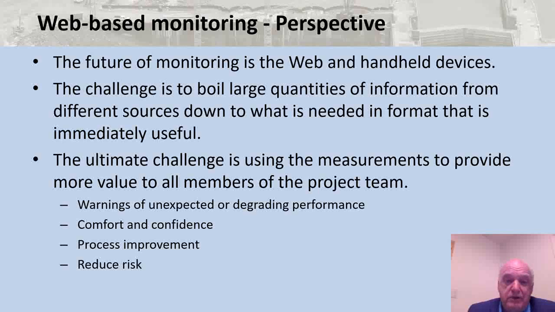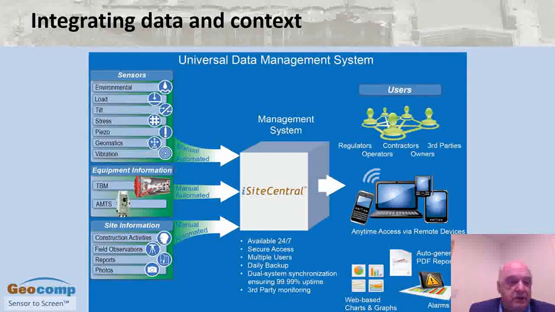So we use this I&M to give us warnings of unexpected or degrading performance. It gives us comfort and confidence that the job's proceeding well on an hourly basis. It helps us improve processes and it helps us reduce risks. And this is just an example of how we integrate this information today.